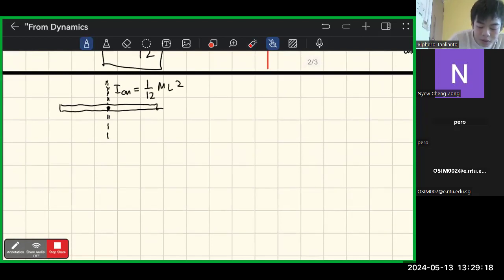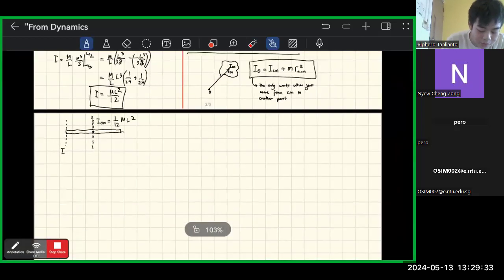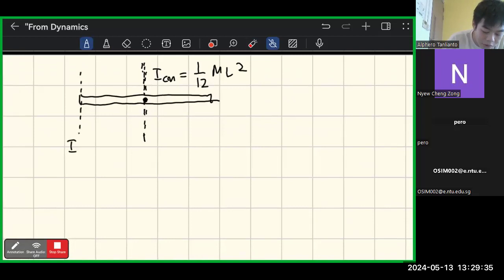But if we want to rotate this mass towards its end, we can find the moment of inertia here using the parallel axis theorem. If we put this as a point O, I equals I center of mass plus m r squared.